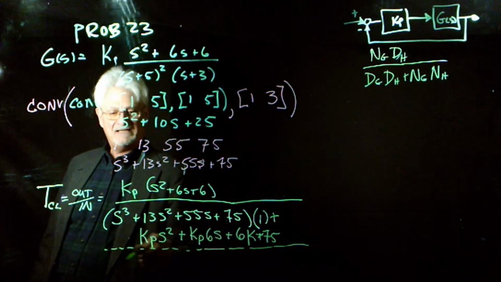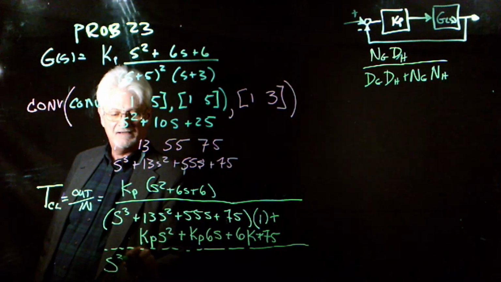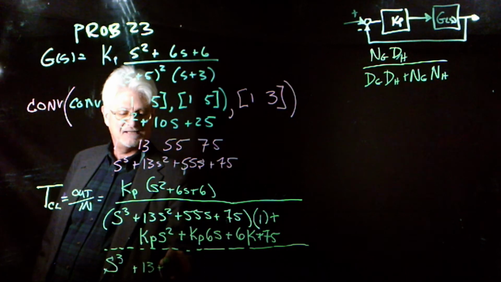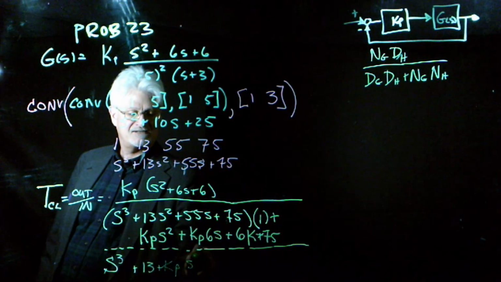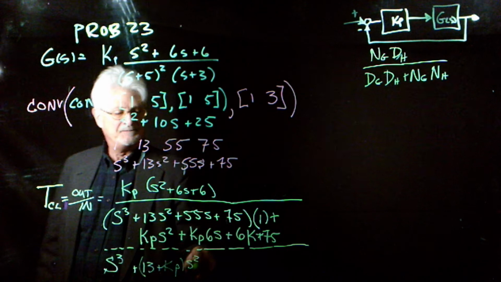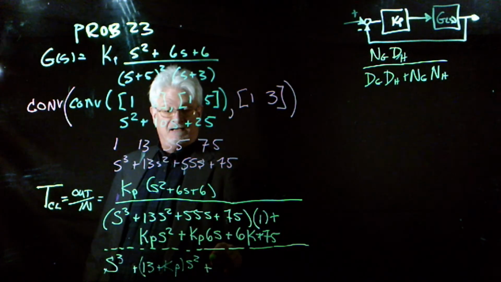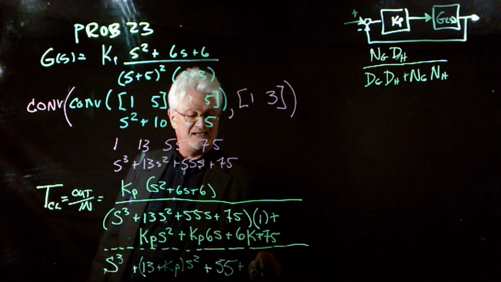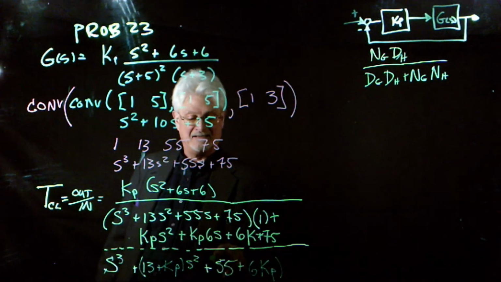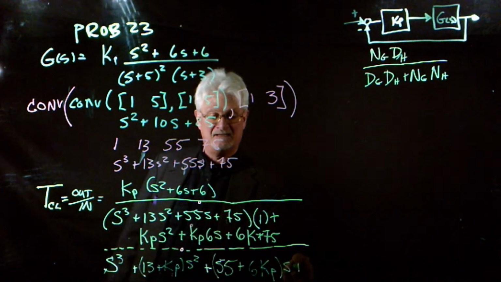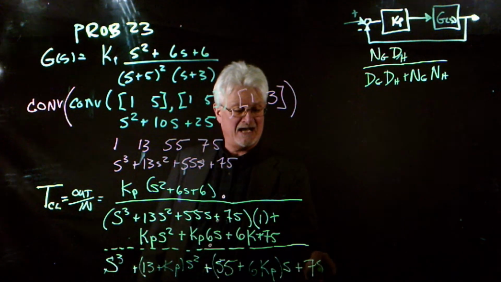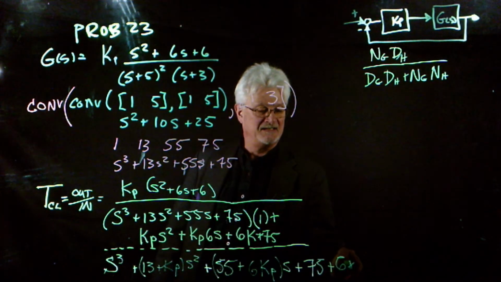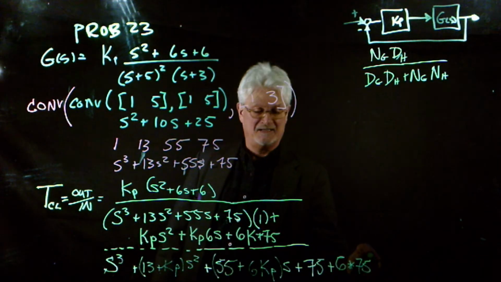So this is going to be s cubed plus (13 plus kp) s squared plus (55 plus 6 kp) s plus 75 plus 6 times 75 kp.